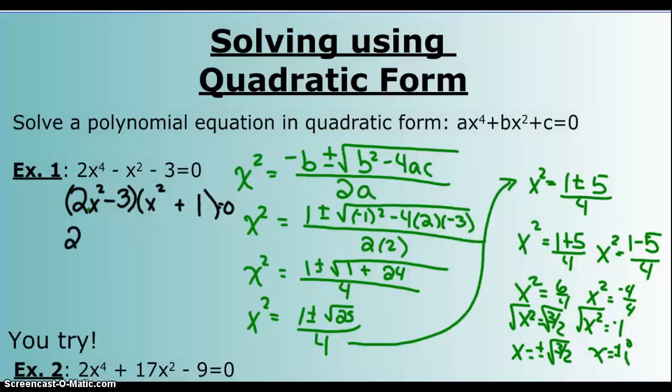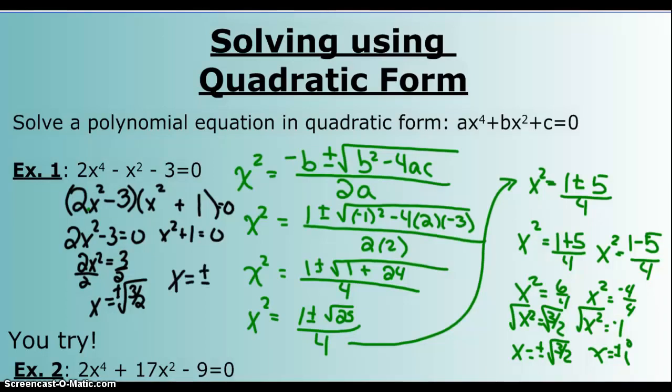And so then I set each one equal to 0, move the 3 over, divide by 2, take the square root, and you still end up with plus or minus radical 3 over 2, and over here you end up with plus or minus i. So now go ahead, pause the video, and try example number 2.